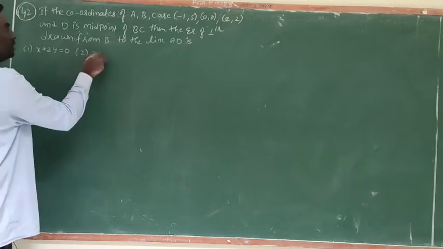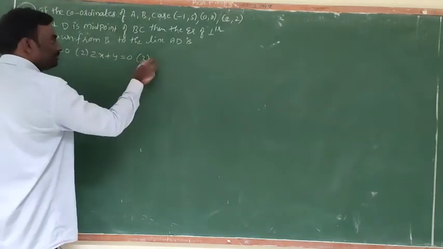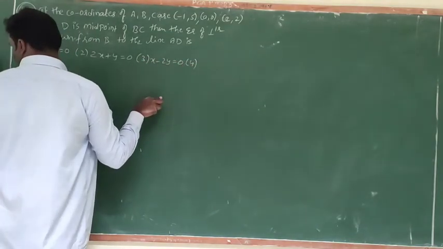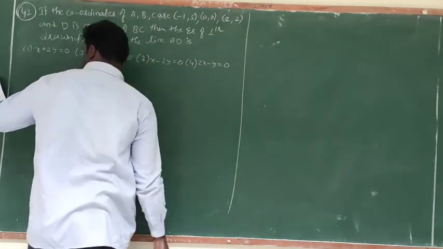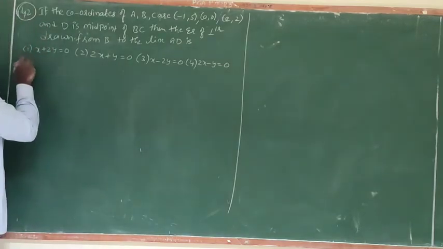Second option, 2x plus y equals 0. Third option, x minus 2y equals 0. Fourth option, 2x minus y equals 0. Okay, listen how to do this. First we will draw a diagram based on the given data.